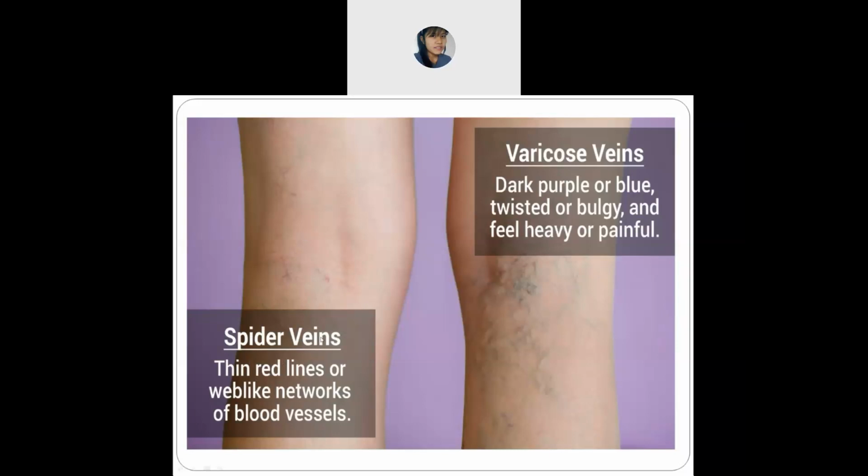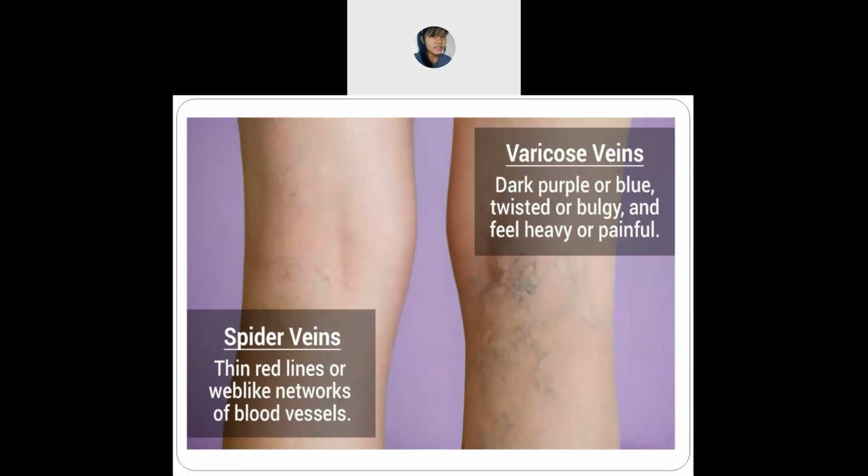They appear thin compared to the varicose vein. The varicose veins are a bit fat and thick, blue in color, twisted and bulgy. Bulgy means it will puff out. It seems to be a bit painful and a bit heavy.